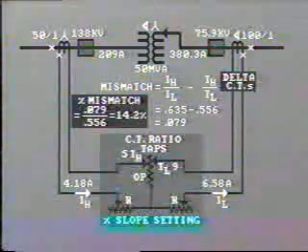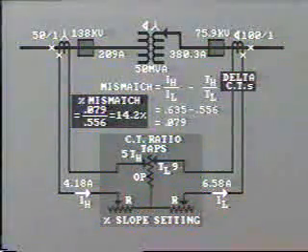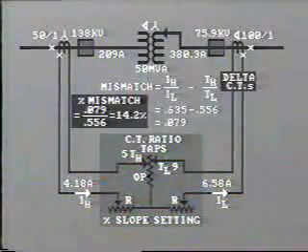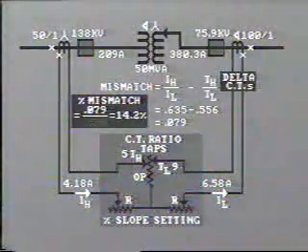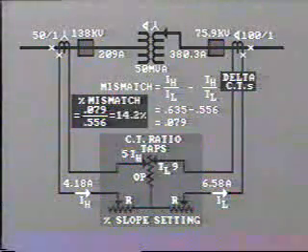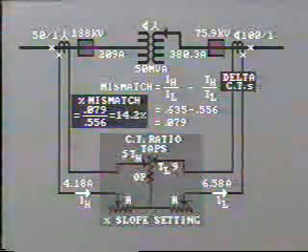So our percentage mismatch now becomes 0.635 minus 0.556 divided by 0.556, or 14.2%. So it is still less than the restraint coil percentage differential setting, indicating that the differential protection will operate correctly throughout the upper range of tap changing.